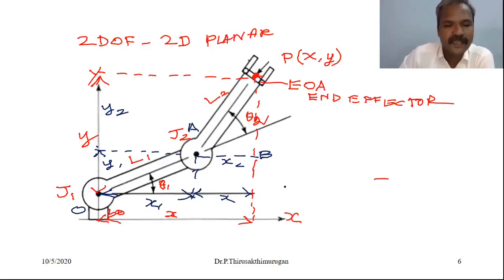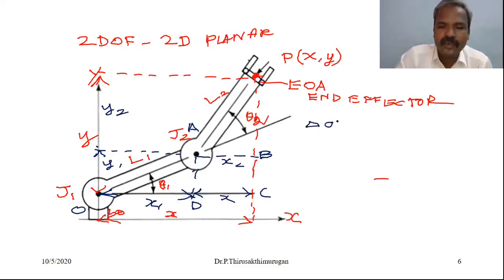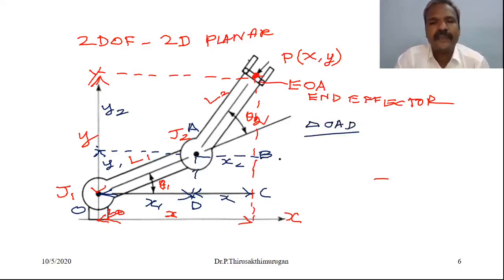Okay, this is B. You can consider this C. Clear? So C, you can take it as D. So first consider the triangle OAD.